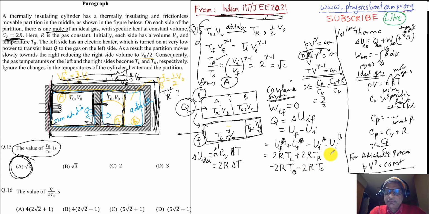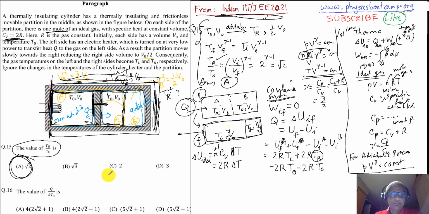So this was initial, this initial, and this is the final. So if I know what TL is in terms of T0, this I know in terms of T0, and so if I know TL in terms of T0, this can actually be solved.